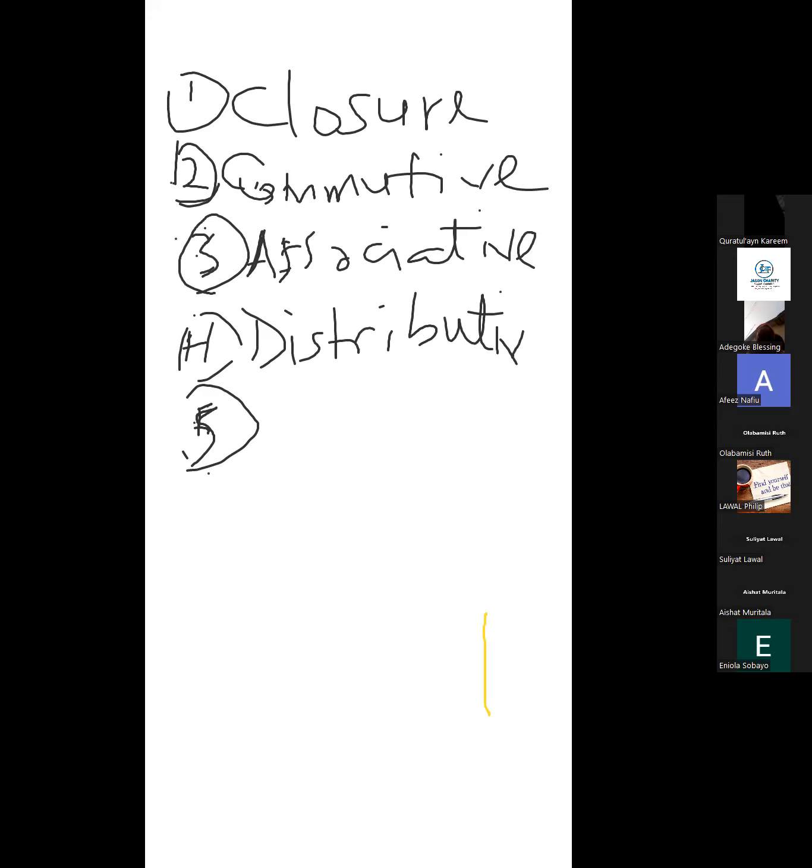Distributive, this one is E. See my lettering. Yeah, my E comes fine now. Okay. Then we have identity property. And then the last one, inverse. Property of inverse.